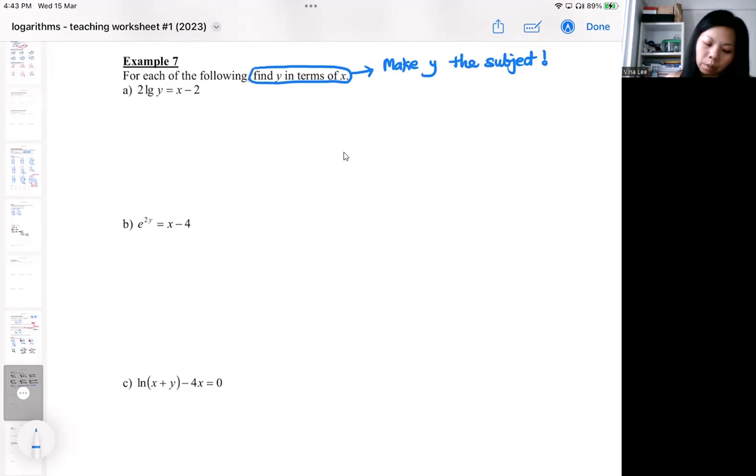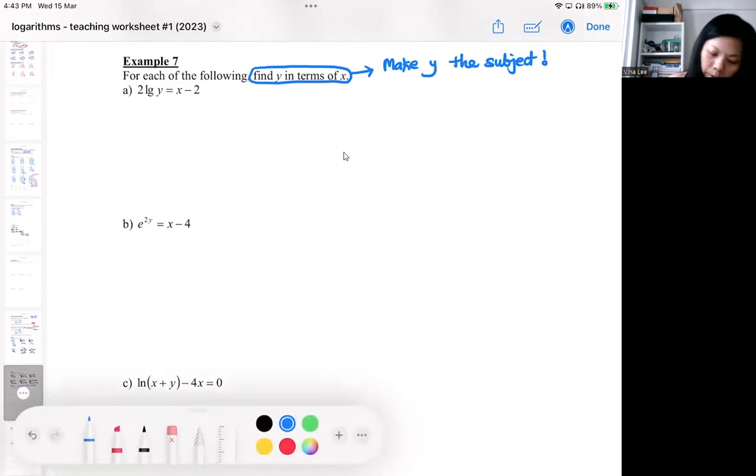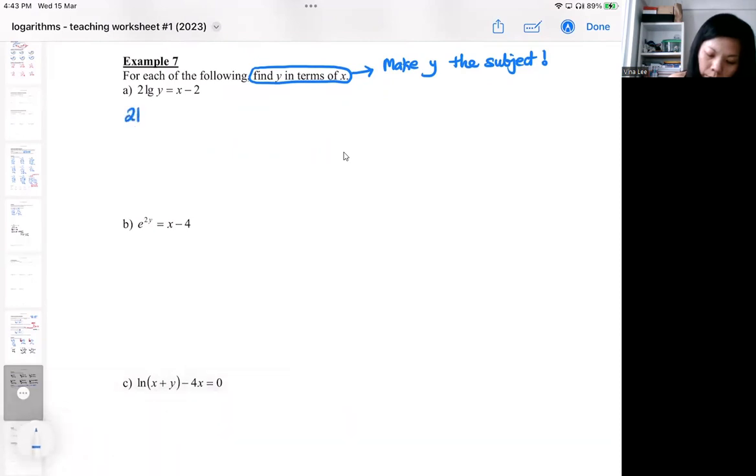Okay, so for each of the y, for example here, the y is hidden in the LG. So you need to get rid of the LG first. This is base 10.